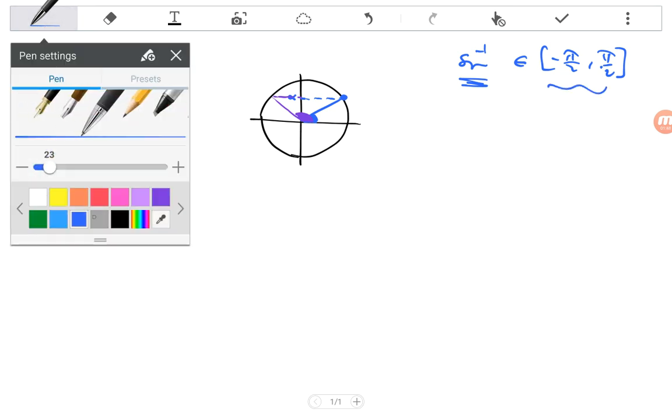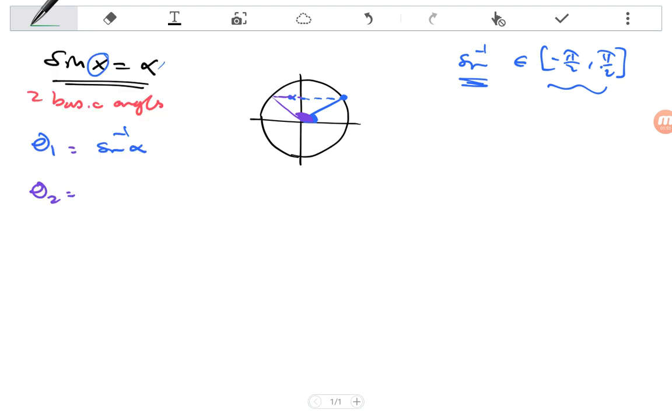These angles belong to which quadrants in the plane? They belong to the first quadrant, which is from 0 to pi over 2, and we also have that quadrant.